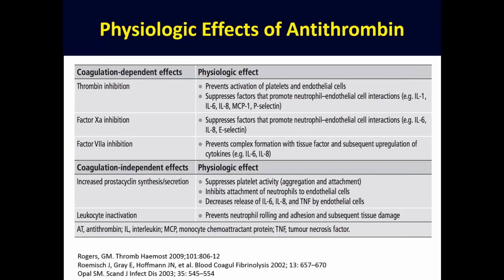As well, there's some direct activity that prevents neutrophil rolling and adhesion and subsequent tissue damage. So there appears to be, if you add all these together, a relative anti-inflammatory effect of antithrombin in normal physiology of the molecule.